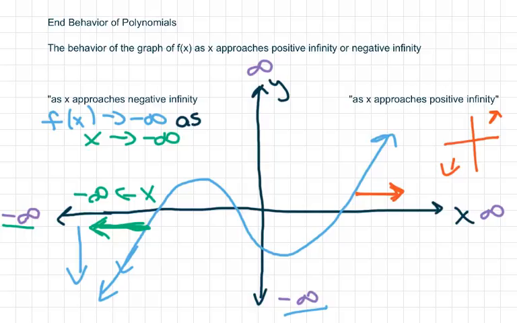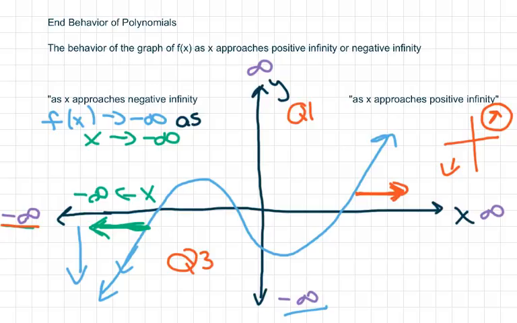Let's look at this again. We're looking in quadrant 3. As x goes to this negative infinity here, then y is going down to negative infinity. Now, on quadrant 1 here, we're just looking at this tail end piece right here. As x approaches infinity, what is y doing? Or f of x.